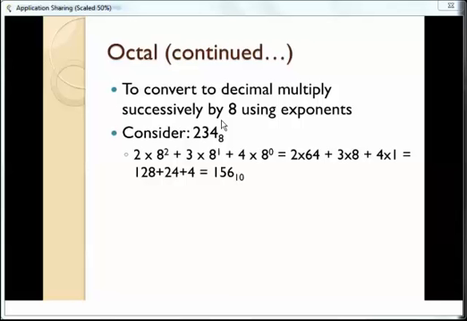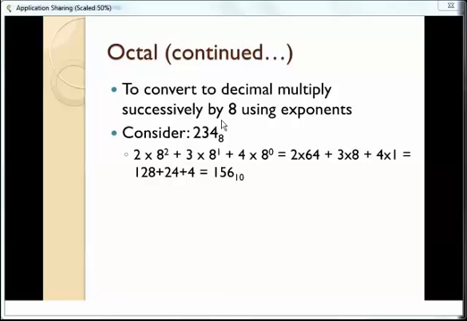And then we would add to that 3, which is the second digit of the octal number, times 8 again, and it's 8 because it is base 8. And the number 3 is in the second position, so the exponent is going to be 1 less than that, so it's 1.